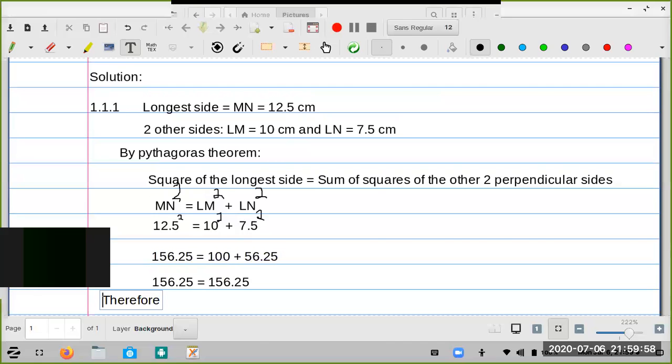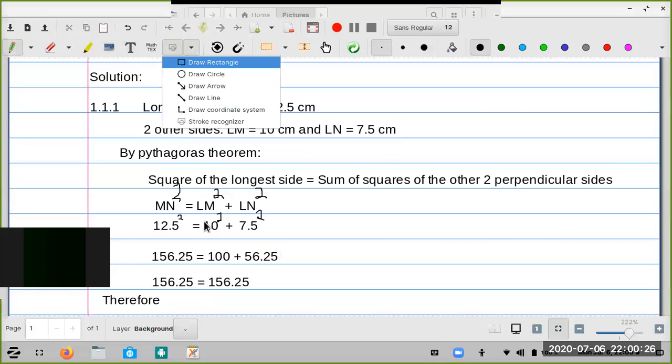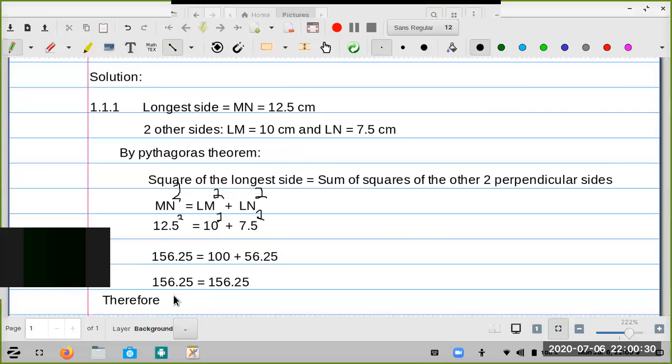Therefore, my triangle. I'm just drawing this symbol for a triangle. This symbol is very important. We shall be using it a lot.